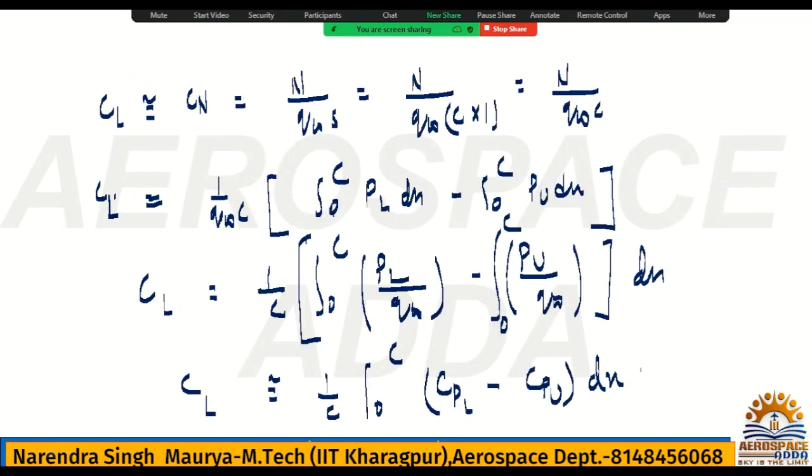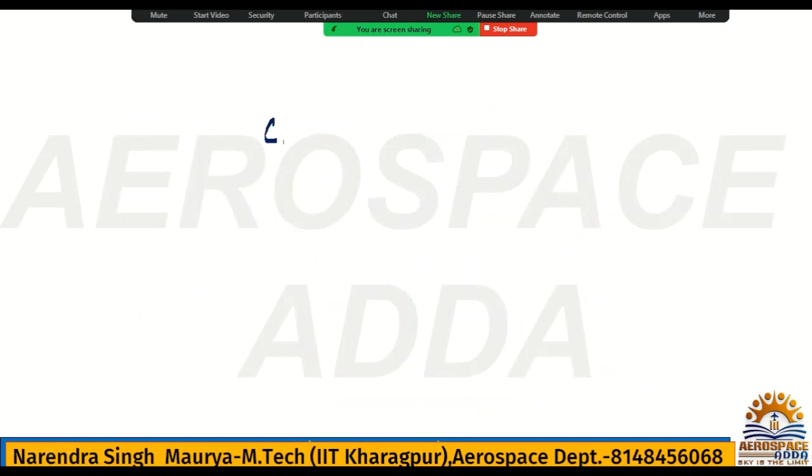So what is the CL? This is the lift coefficient you have calculated: CL = 1/c ∫ (Cpl − Cpu) dx.